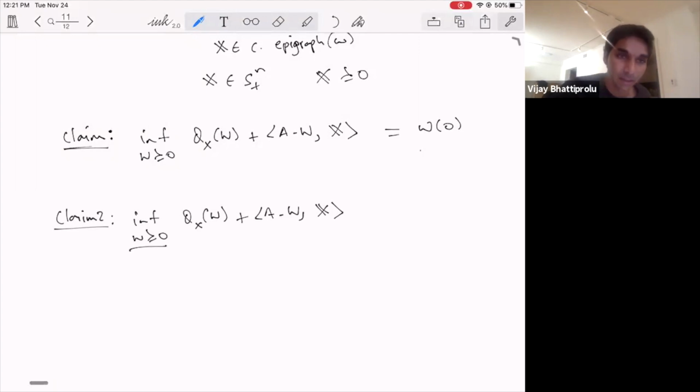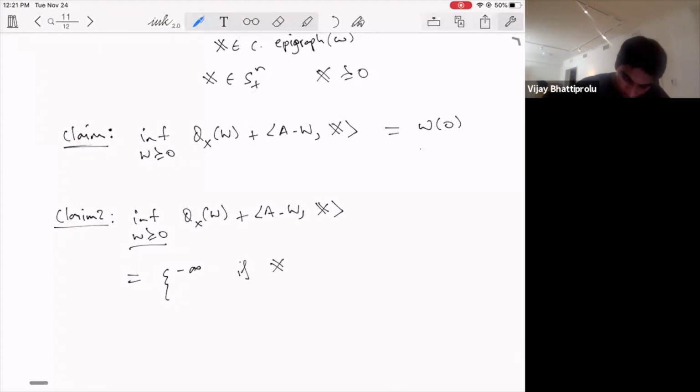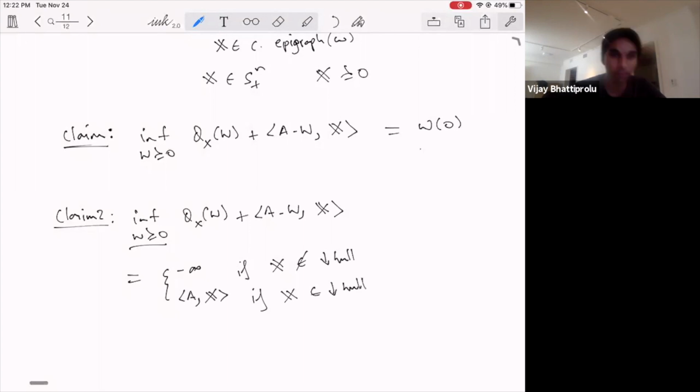It doesn't necessarily dominate A. This infimum is equal to negative infinity if bold X is not in the downward closure of the convex hull, and it's equal to A inner product bold X if X is in the downward closure of the convex hull.